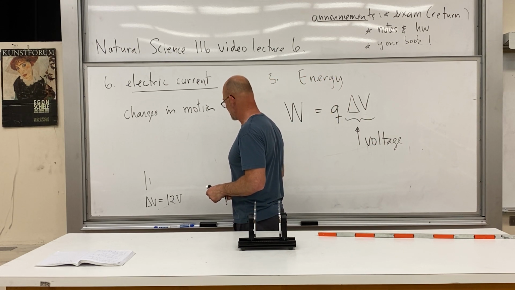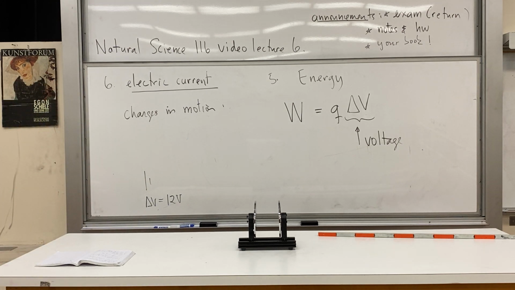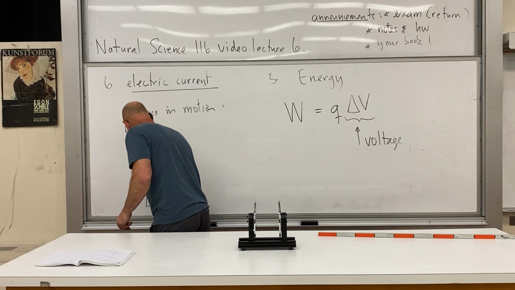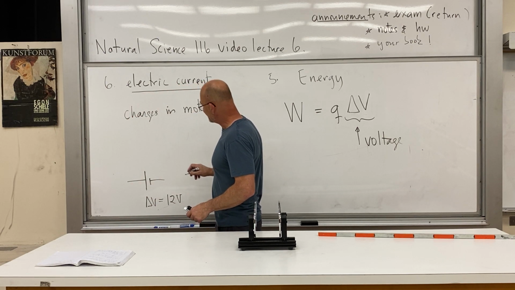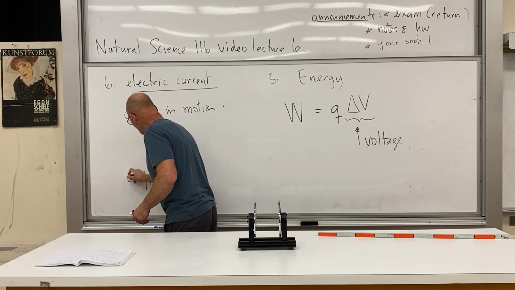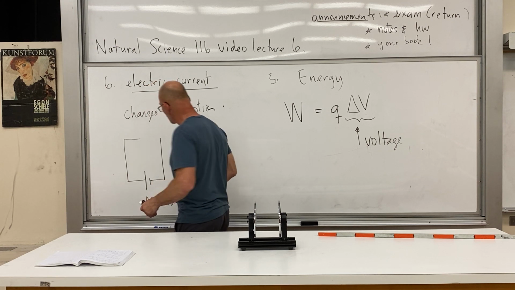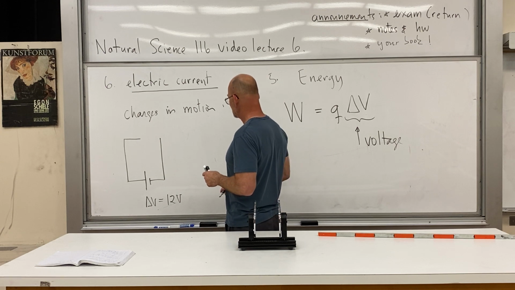Charges in motion. Actually, let me make sure that we're seeing the bottom of the board here. Yes, we are. Excellent. Okay. So this is our symbol for the battery or the capacitor. We can take them interchangeably. And the idea is if you connect a wire in a loop, you're going to get a circuit. You're going to get a current flow, and if you get the current to flow through something, you'll get an effect.